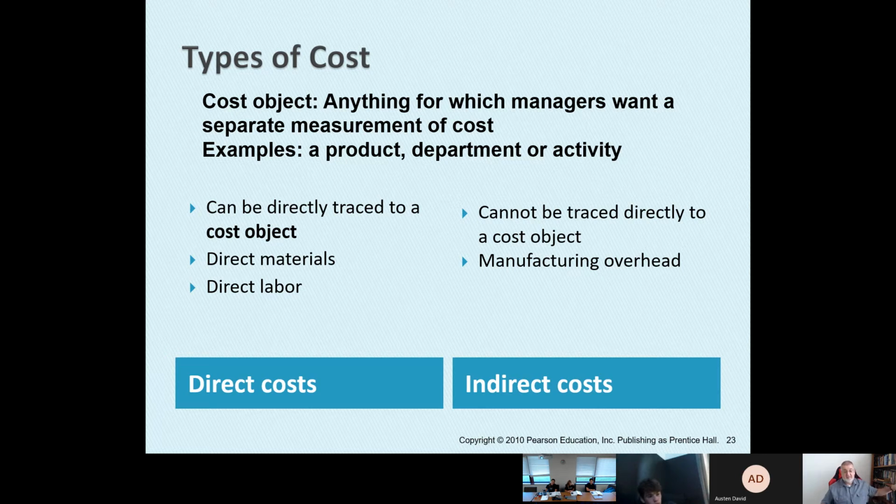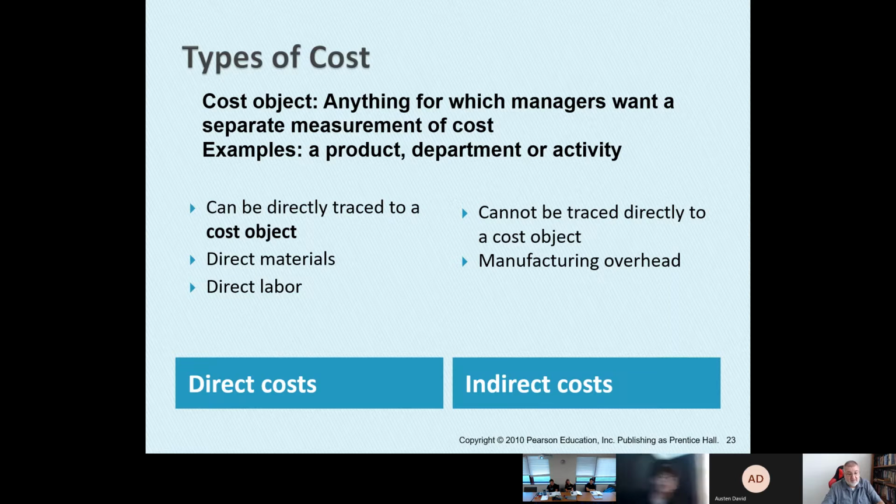Now that can be left in SG&A, and some companies do, but a lot of times if you're talking about a manufacturing company, those types of expenses get moved into our manufacturing overhead costs, because I have to pay those every month. They are period costs within the manufacturing process.